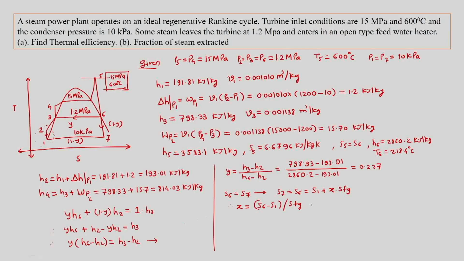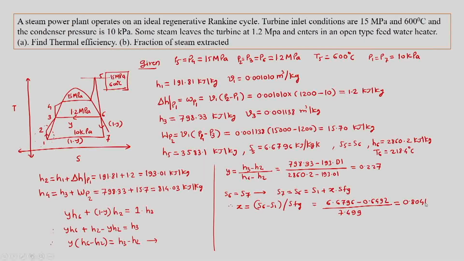So we can get this as 6.6796 minus 0.6492 divided by 7.499, and this gives us X as 0.8041.